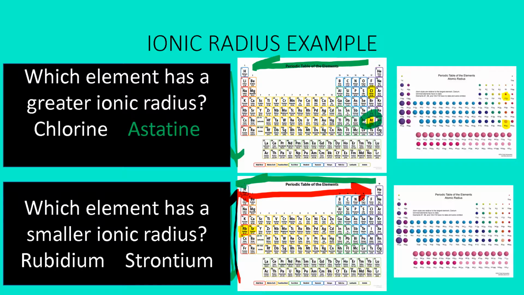And because strontium is to the right of rubidium, that's going to mean that strontium is going to have a smaller ionic radius. And to double check this, we're going to use our special chart over here, which is going to show rubidium here and strontium here. And rubidium is bigger, strontium is smaller, so that just double checks our logic.